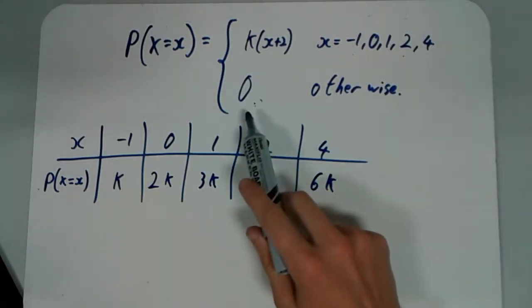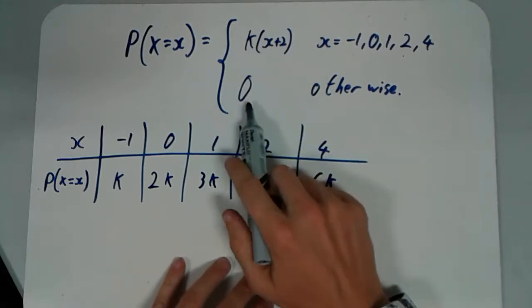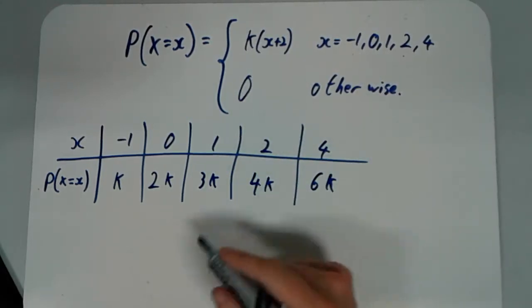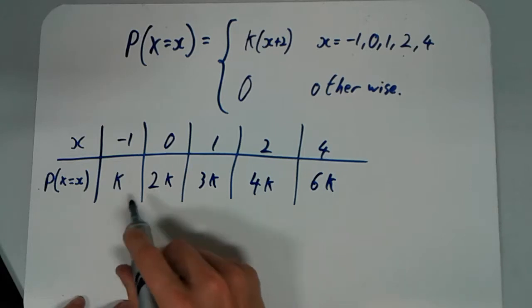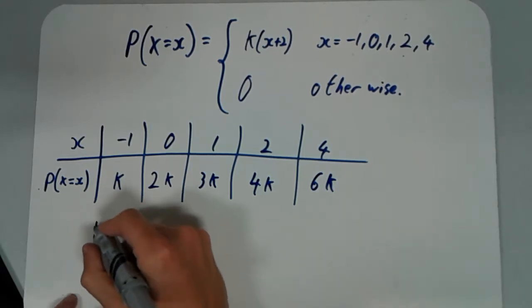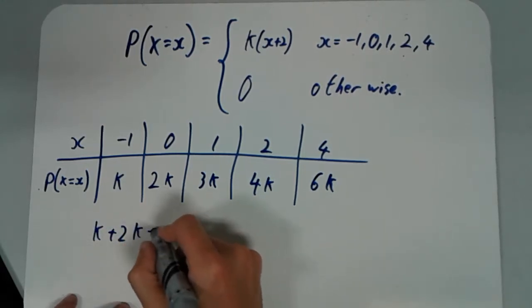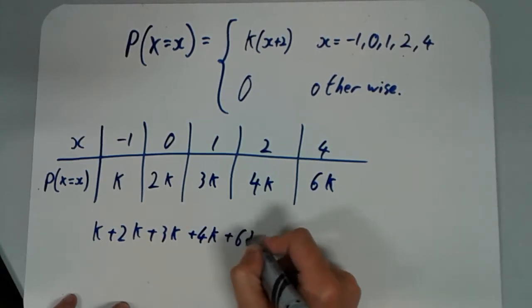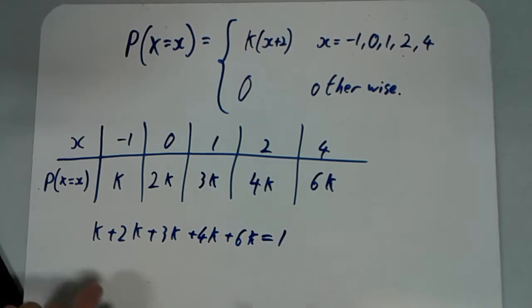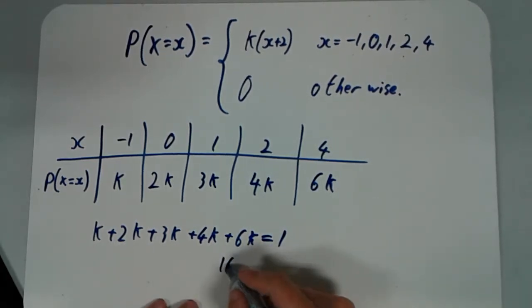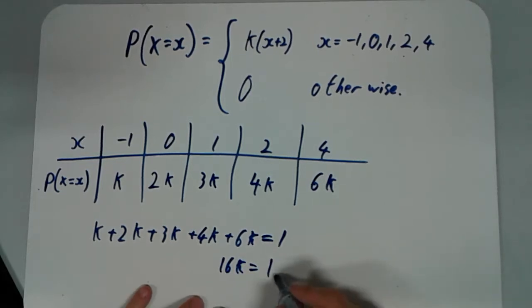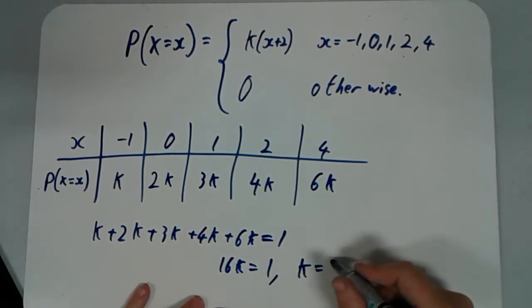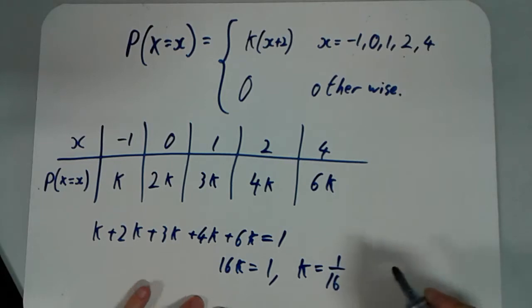As these are the only possible events, every other value of x is 0, we know that the sum of all of these must equal 1. So k plus 2k plus 3k plus 4k plus 6k must equal 1. So in total we've got 3, 6, 10, 16k is equal to 1. k is equal to a 16th.